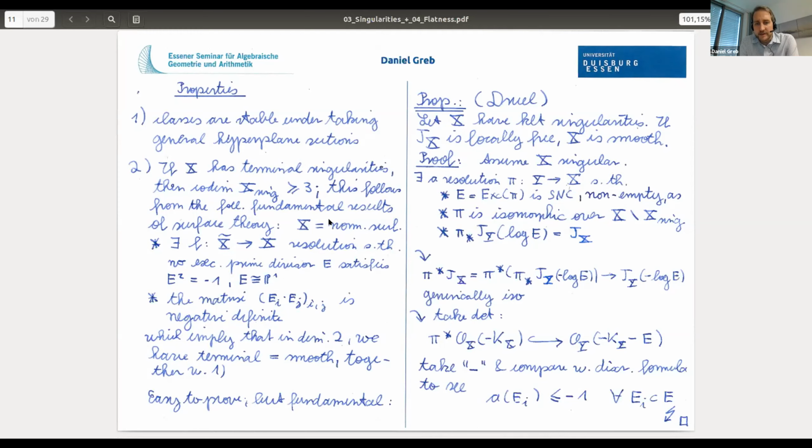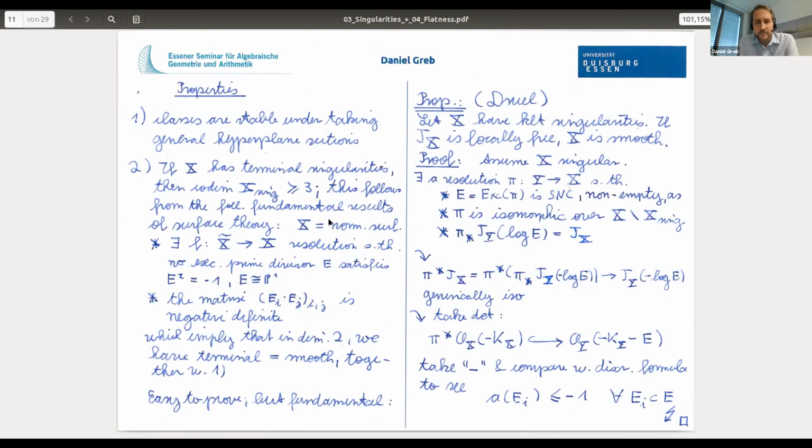Now you take determinants, and you see, this looks innocent, but that's the place where you use the fact that T_X is locally free, so you can interchange determinants and pullbacks and all these things without creating trouble. So you take determinants, and then you get a map from the determinant of the left to the determinant of the right.